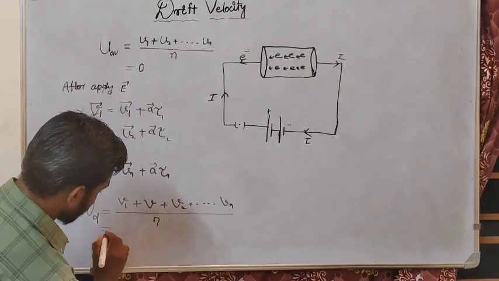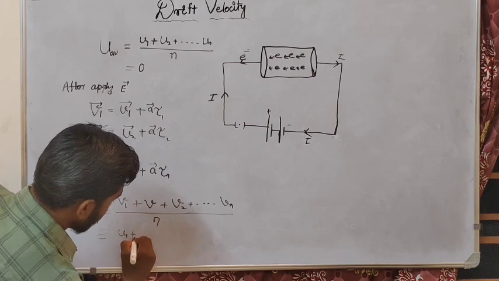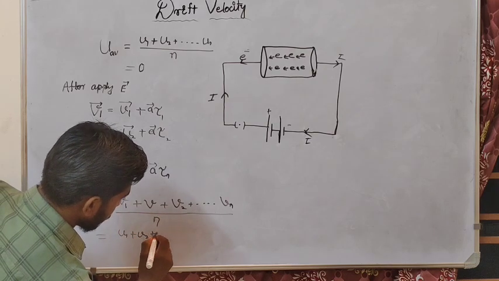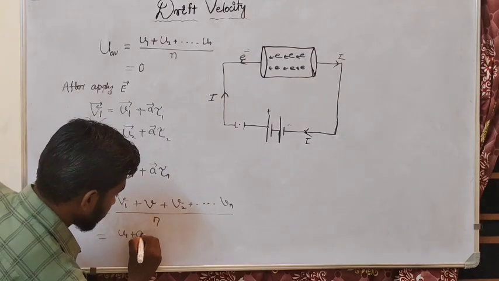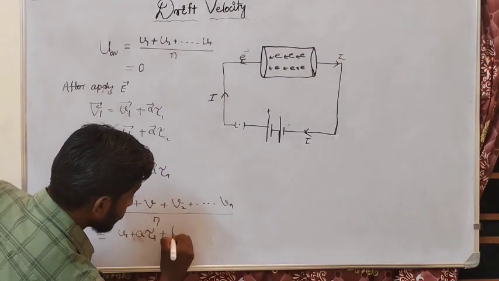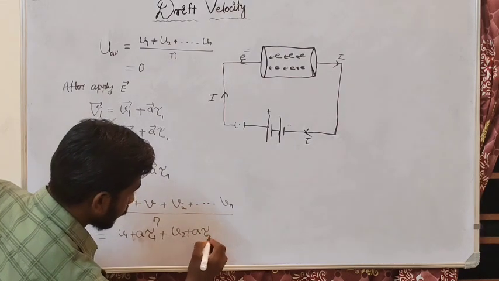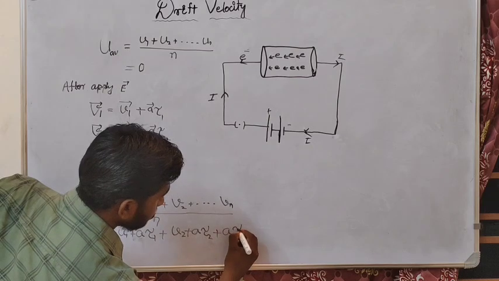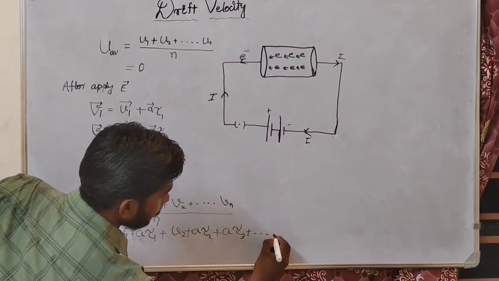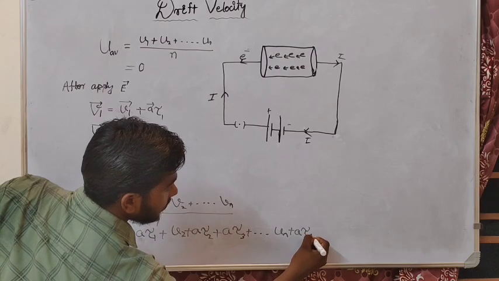This is equal to u1 plus a tau 1, u2 plus a tau 2, up to un plus a tau n, all divided by n.